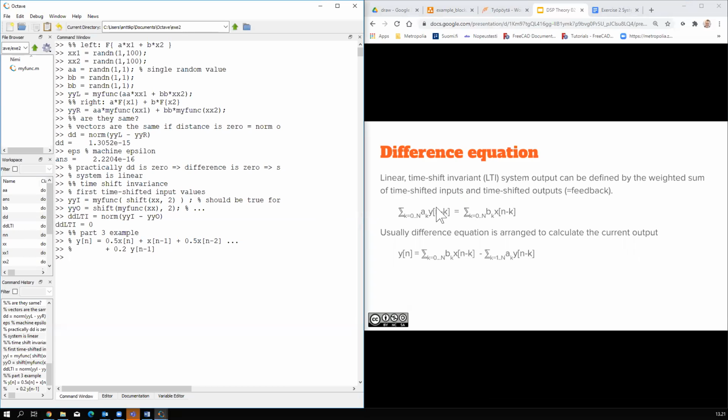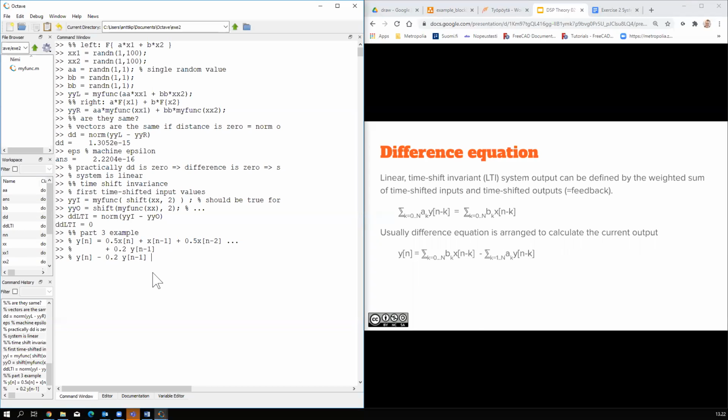The parameters are defined such that they are positive when you move all the terms of y on the left-hand side. So practically the difference equation, the same as before, then is y of n minus 0.2 y of n minus 1.